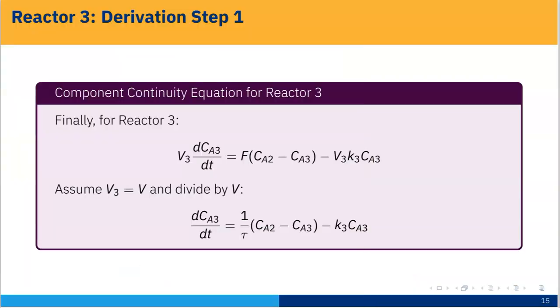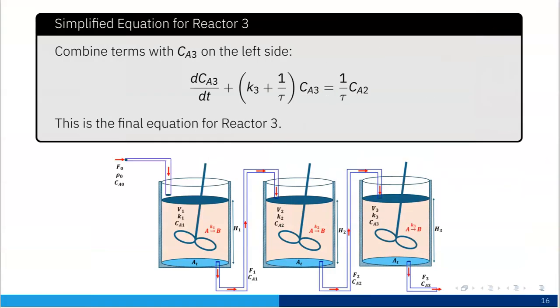Now for reactor 3, V3 dCA3/dt is equal to F (CA2 minus CA3) minus V3 K3 CA3, divided by V. V3 is equal to V, so dCA3/dt is equal to 1/tau (CA2 minus CA3) minus K3 CA3. If I reorganize, we get dCA3/dt plus (K3 plus 1/tau) CA3 is equal to 1/tau CA2. So this is the final equation for reactor 3.